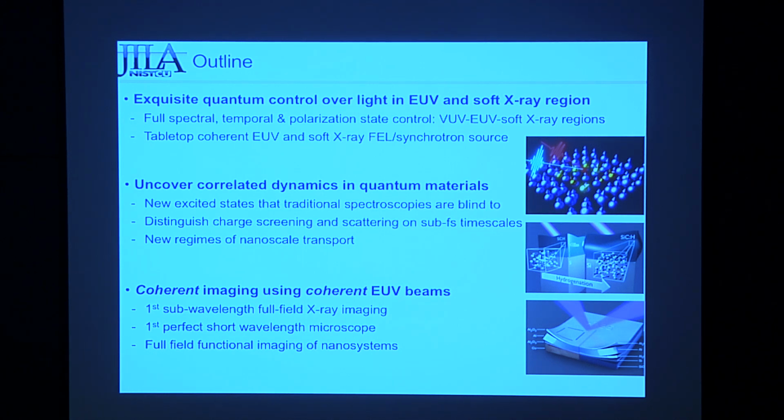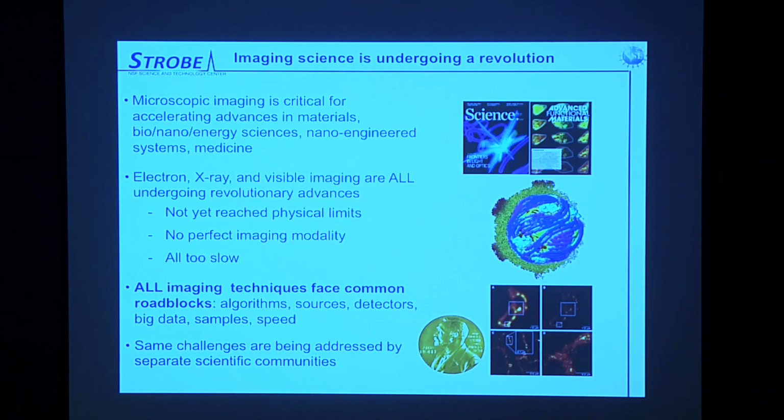If you start thinking about putting a cell or a test system, a nanosystem, or a functioning material, then you have all kinds of challenges that you're going to have to deal with. And this challenge is not confined to X-ray imaging.